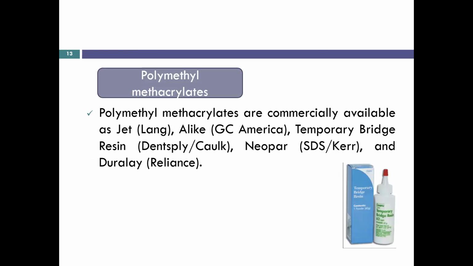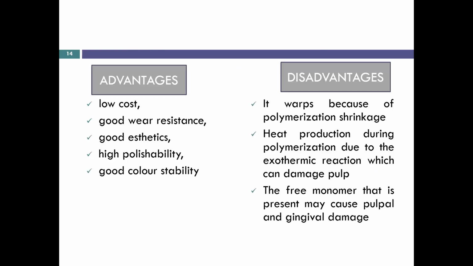Next material is polymethyl methacrylate. Polymethyl methacrylates are commercially available as Jet Alike of GC America, Temporary Bridge Resin of Dentsply, Neo Perm of SDR, and Duralay of Reliance. Advantages of polymethyl methacrylate are low cost, good wear resistance, good aesthetics, high polishability, and good color stability.